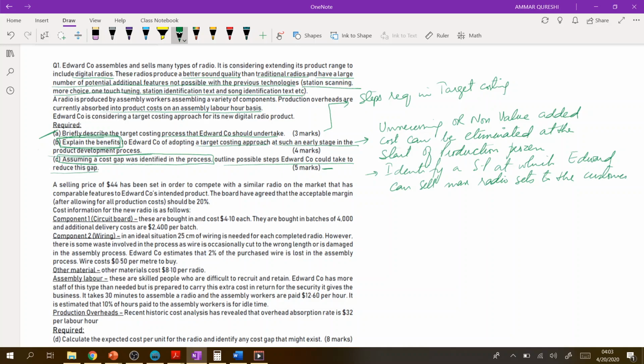There was a question which a student asked me while we were doing this question in the class. He said, "Ma'am, you said that for the application of target costing, we need to identify what our competitors are selling, and then we consider the selling price of the competitor, and then we usually try to fix a selling price which is lower than the normal market price."